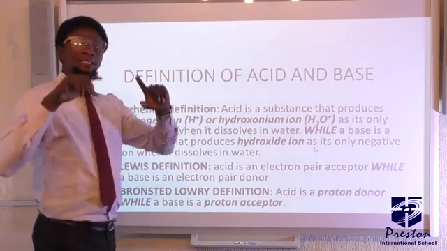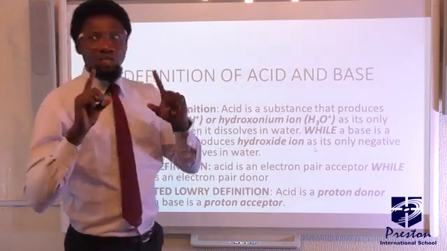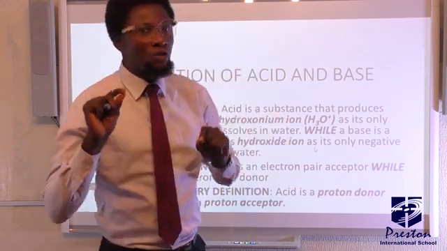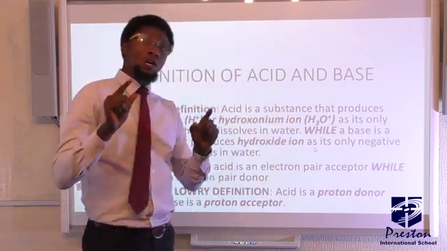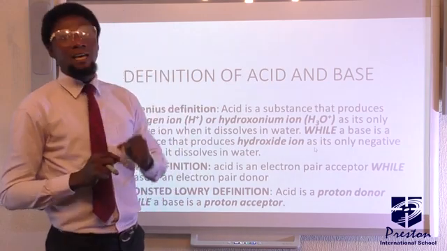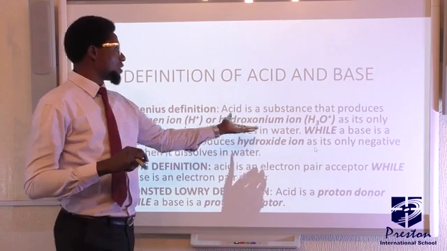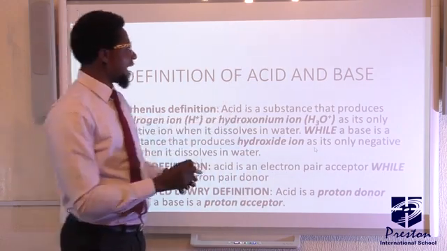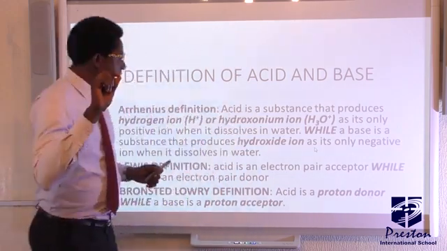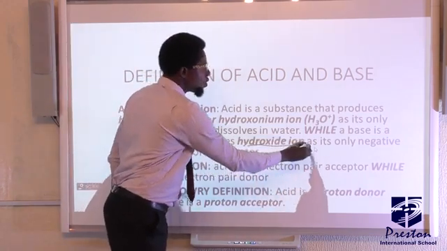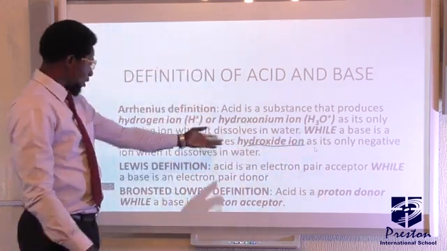Arrhenius defined an acid as any substance that produces hydrogen ion or hydronium ion as its only positive ion whenever it dissolves in water. While he also defined a base as any substance that produces hydroxide ion as its only negative ion when it dissolves in water.